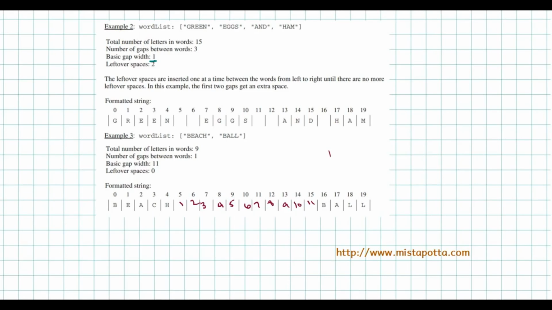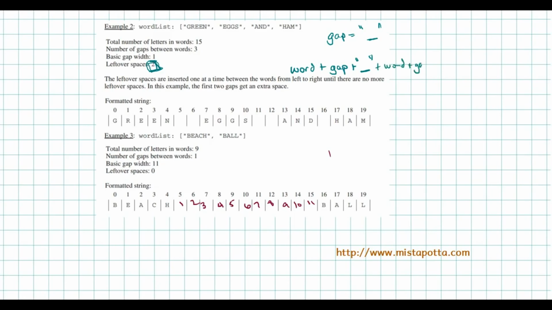So I can create a gap that's that long, some variable, which is going to have one space in it. And then what I'm going to do is I'm going to have word plus gap plus, and then if I need a leftover space, and I'll be able to determine how many of those leftover spaces I need, I'll take care of those first.